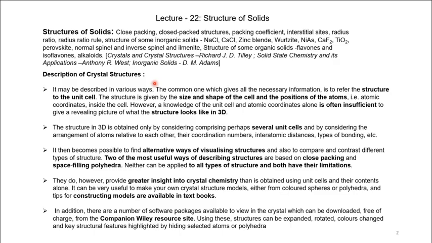But we have to remember that not all types of structure can be described only by close packing or only by space filling polyhedra. Both methods have their limitations. Therefore, the 2 methods are used to define the structure visually.